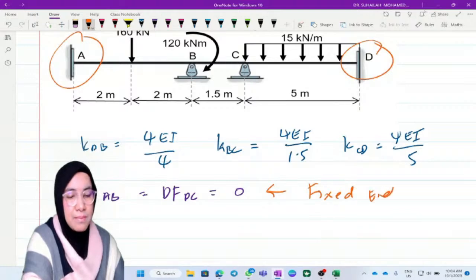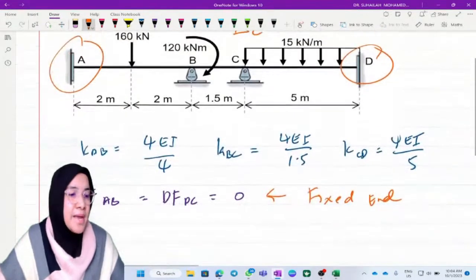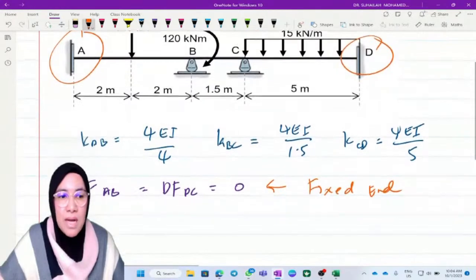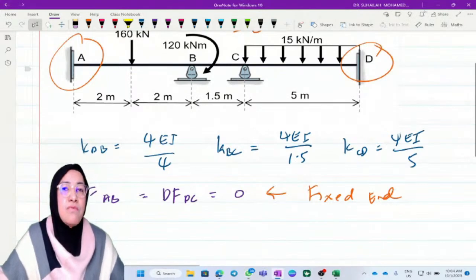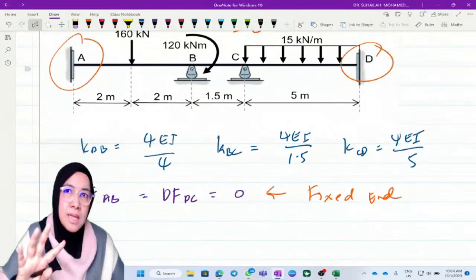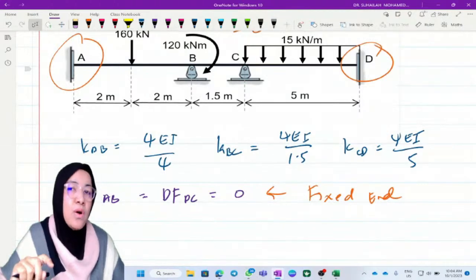And then we have to calculate the distribution factor for the remaining far ends.